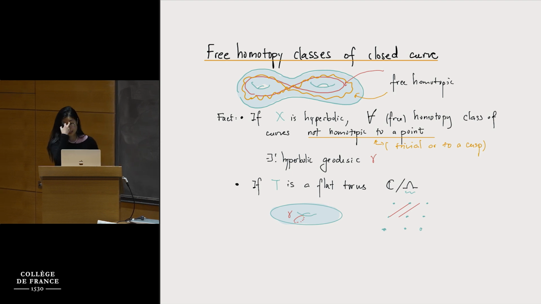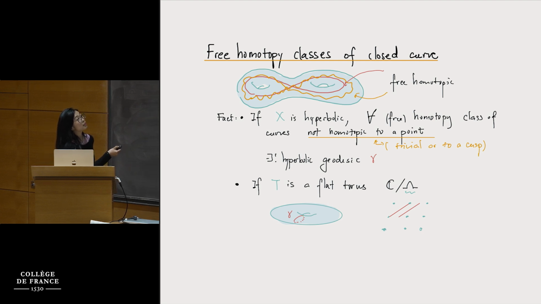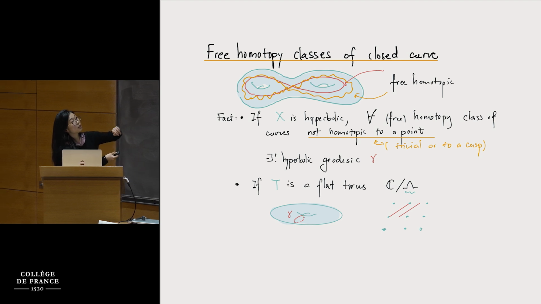The other case is a flat torus, the torus which comes with its flat metric, the metric on C given by the Euclidean metric. In this case the geodesic is not unique, because if you draw a straight line between these 2 elements in the lattice, it projects down to a geodesic on the torus, but you can also slide this geodesic by a translation.